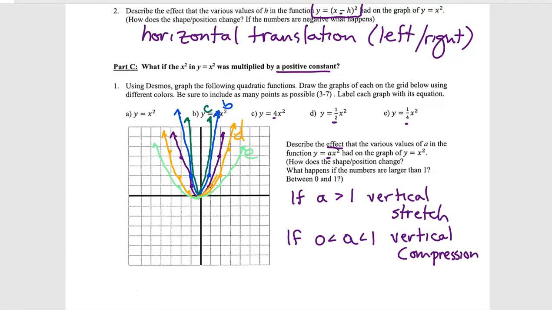So I'm compressing it vertically, which makes it squish down, and visually it looks wider. So this is a vertical stretch or compression. And you'll notice with this one, there's no moving left and right or up and down. It just gets taller, so the shape is changing. This is changing the shape.